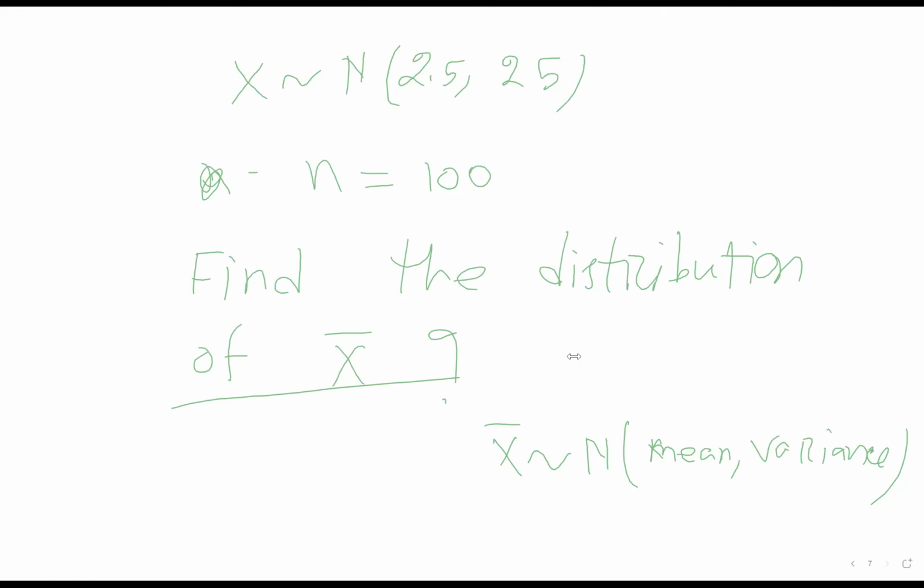Okay, so I got too many 25. So can anyone tell me how did you get 25? Why do you think that the variance is 25? Anyone?